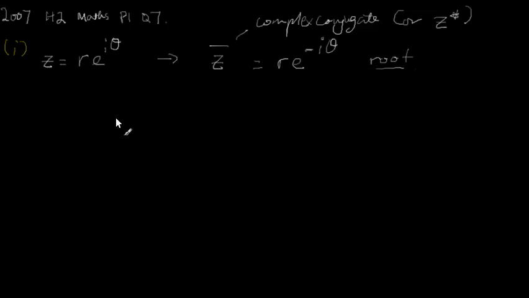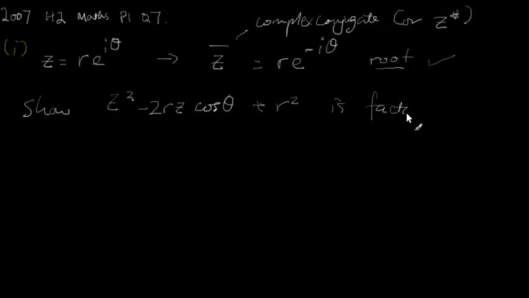And then we want to show that the given quadratic expression is a factor. We want to show that z² − 2rz cos θ + r² is a factor.